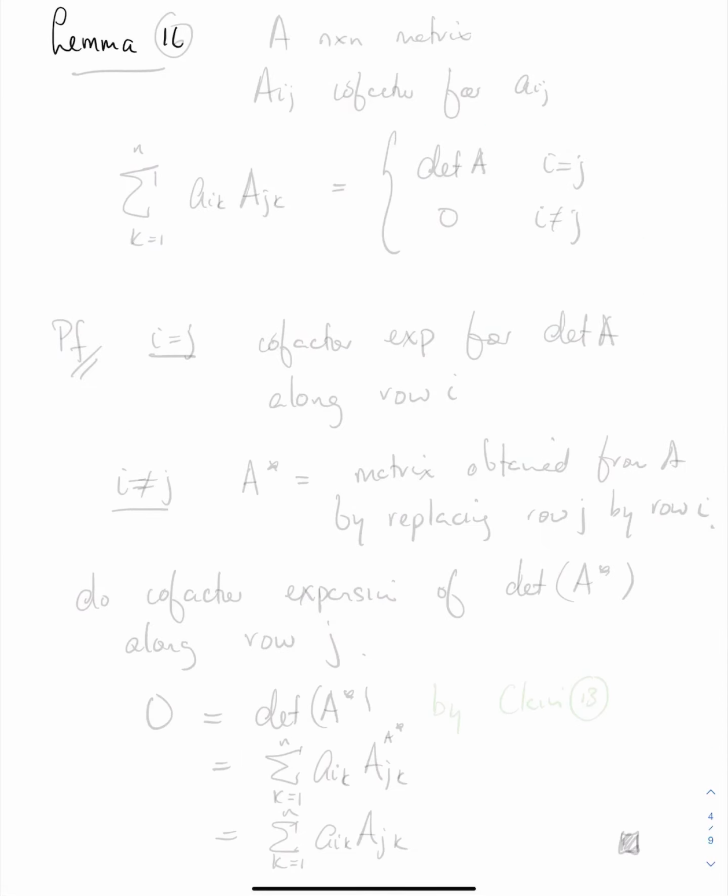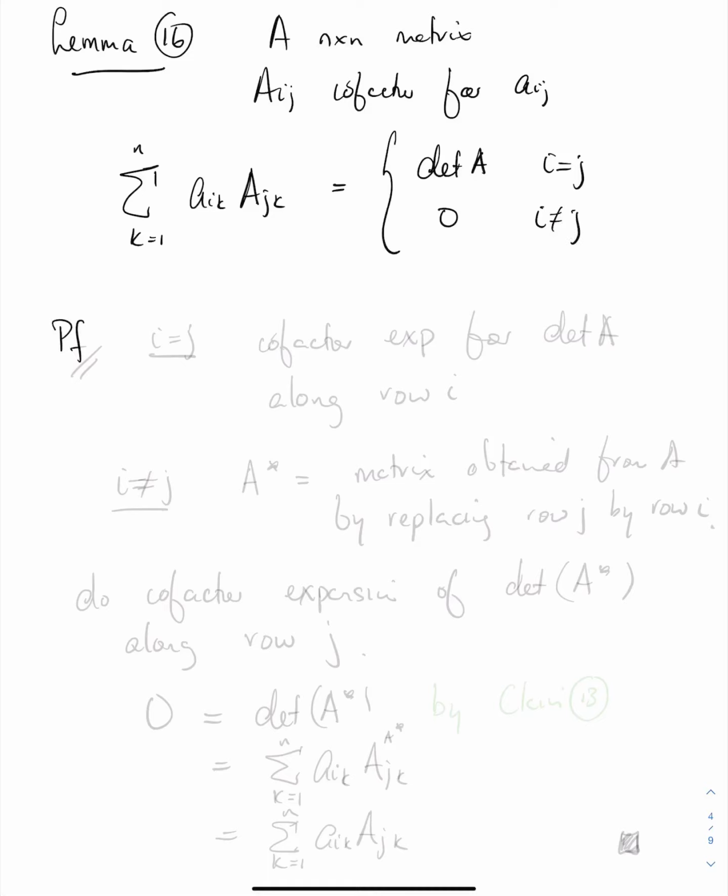Lemma 16. If A is an n by n matrix, and A_ij is the cofactor for a_ij, then the sum of a_ik times A_jk, for k equals 1 to n, is equal to the determinant of A when i is j and 0 when i is not j.